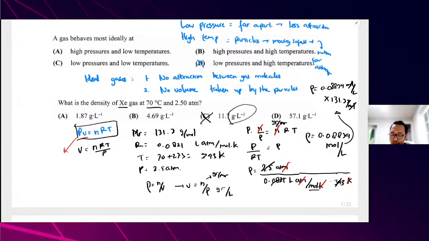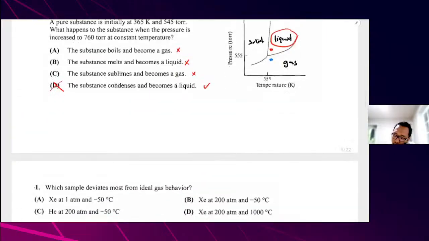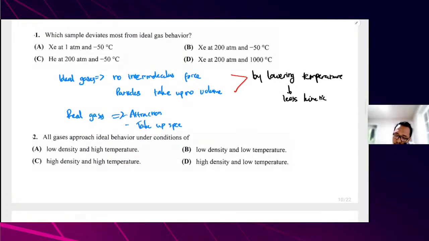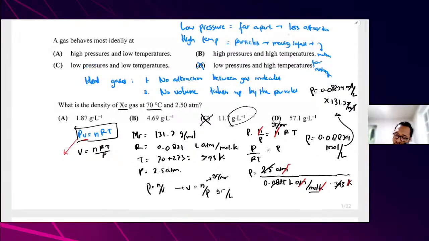So to get the ideal case, we lower the pressure, so the particles are far apart, and then there is less attraction.